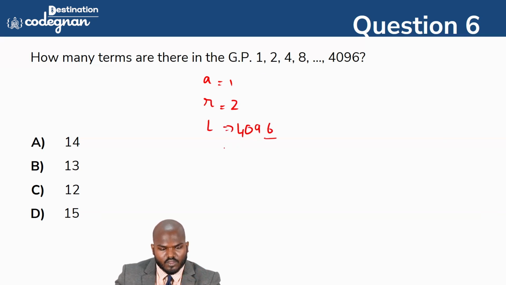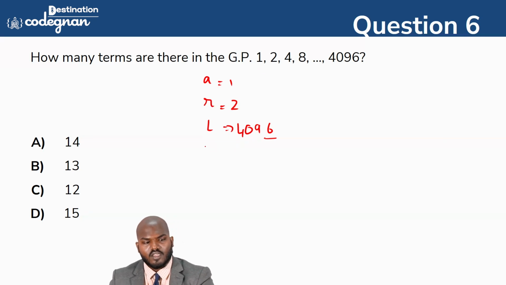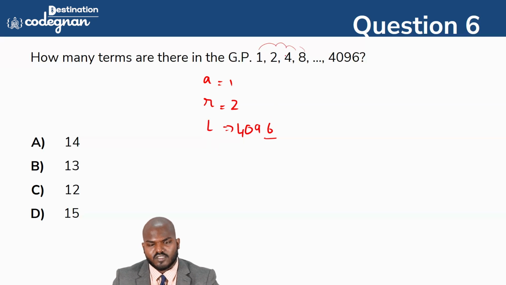With respect to this question, you can answer only by the basic formula. We can guess the answer. If the terms keep on increasing by times 2, 2, 2, that is the only thing we get. If you want to find the sum of the terms, they didn't give anything.